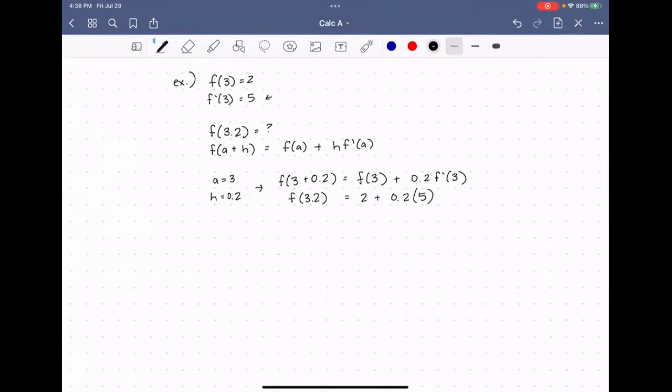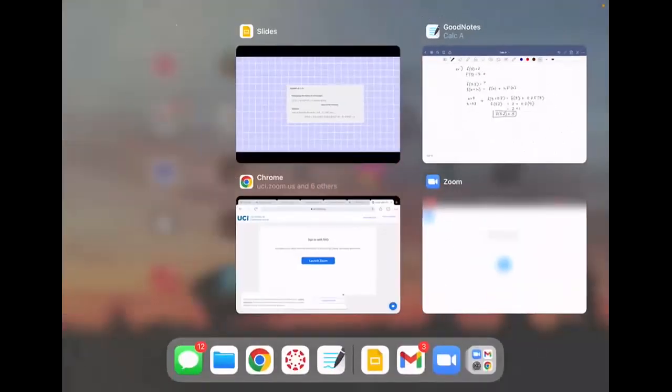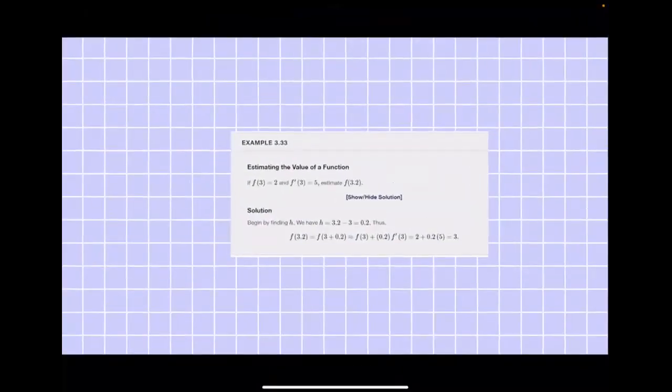Okay, so if I simplify this more, it becomes 2 plus 1, which is ultimately 3. Therefore, the value at 3.2 is going to be 3. Awesome.